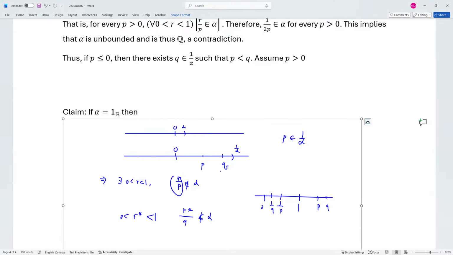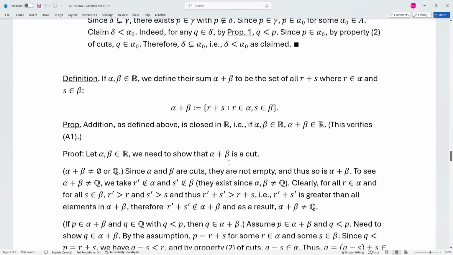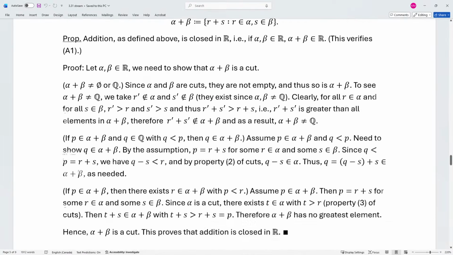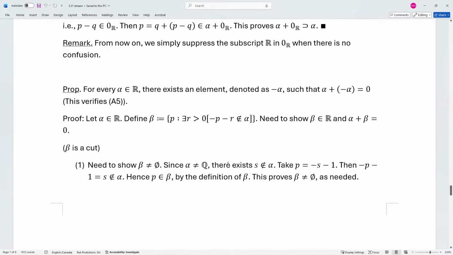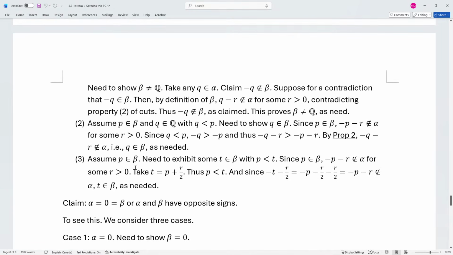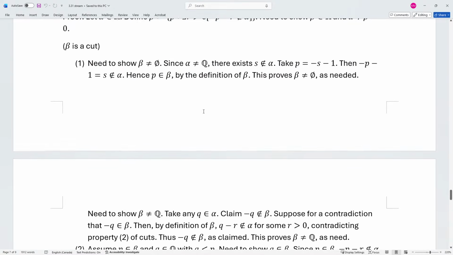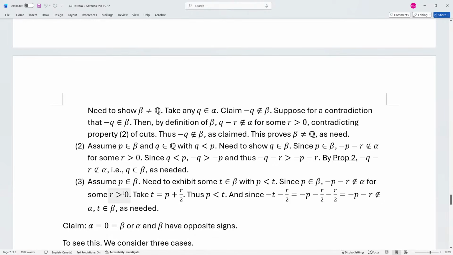Yeah. Let's go back to the proof for the minus and get some inspiration from there. All right, so that's this property here. We define the minus as such, and then we say assume that p is in beta.